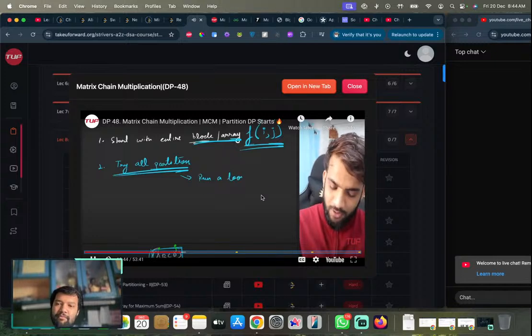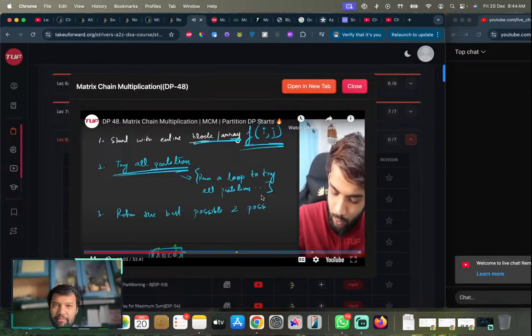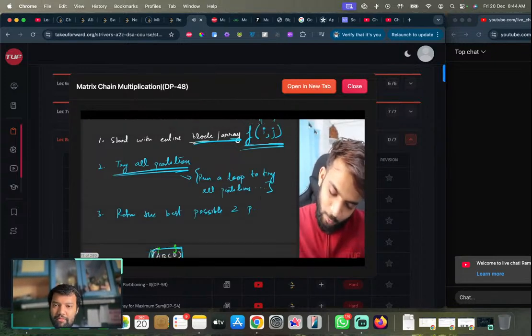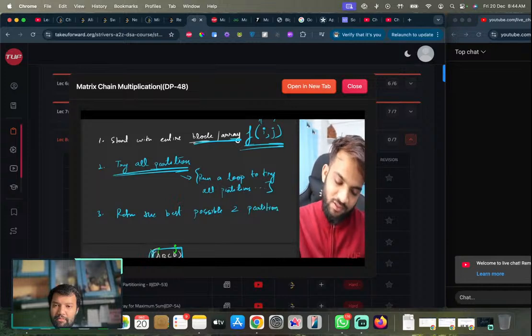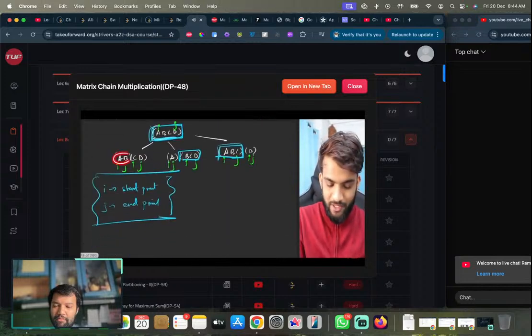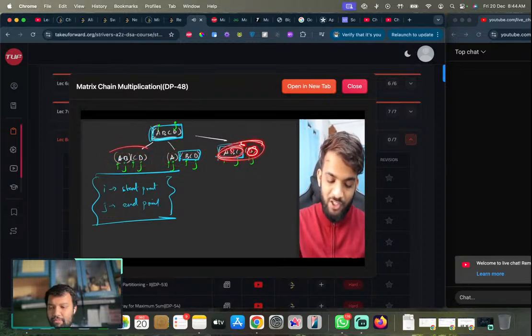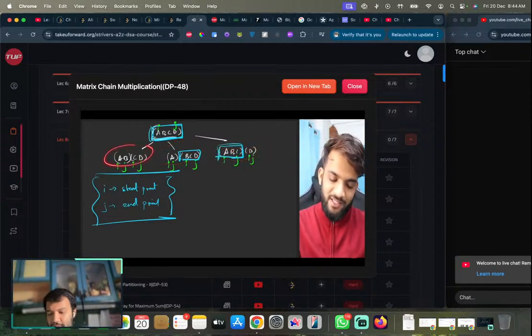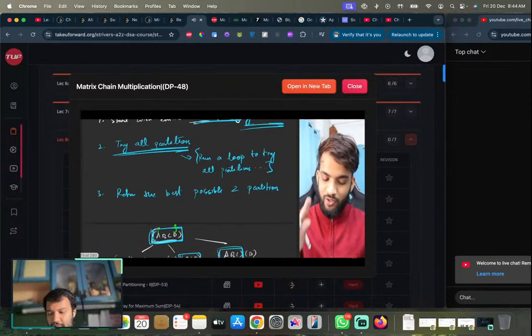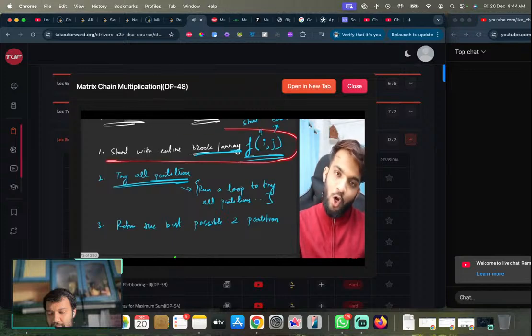I'll explain the loop. Run it and take the best possible 2 partition. What do you mean by 2 partition? Let's understand this. Which 2 partition is the best? You return it. So 3 steps. Start with the entire block.